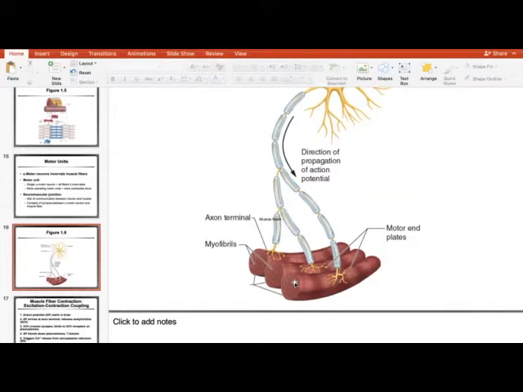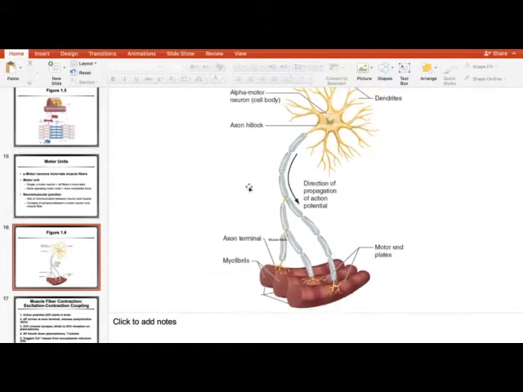Typically, those neuromuscular transmitters are acetylcholine and dopamine. Now, acetylcholine is the thing that makes this whole thing occur; it's like an exciting neurotransmitter. And the thing that works opposite of acetylcholine is dopamine.